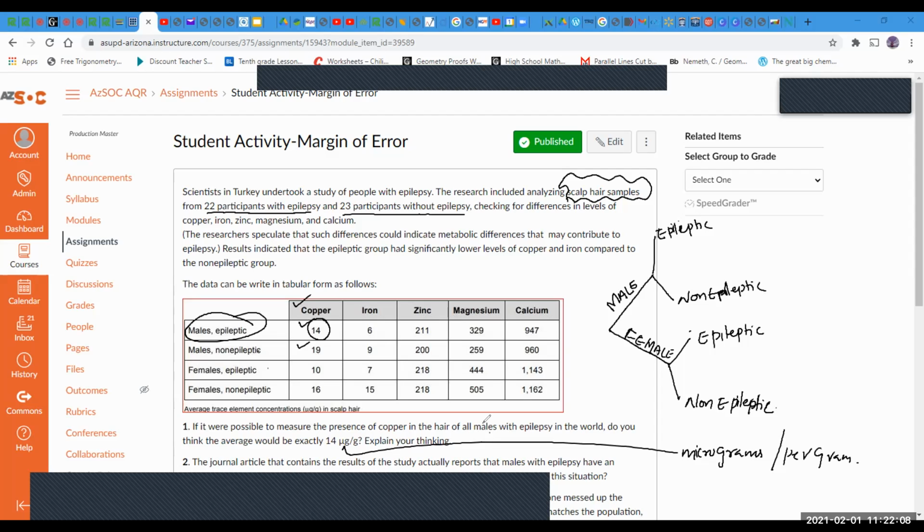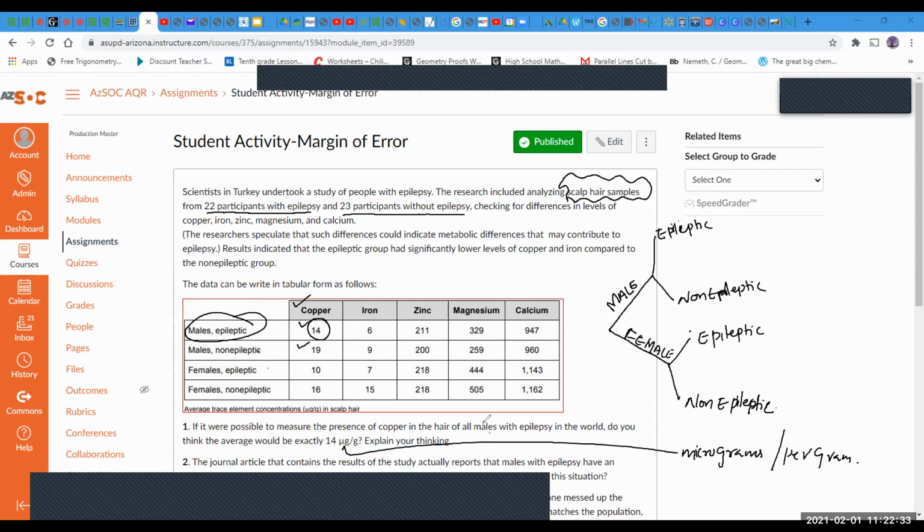So we can believe 14 is fairly close, or 14 is okay, or 14 is exactly the real value. There is a diplomatic way of writing that answer. You can say that we can believe that 14 is fairly close.